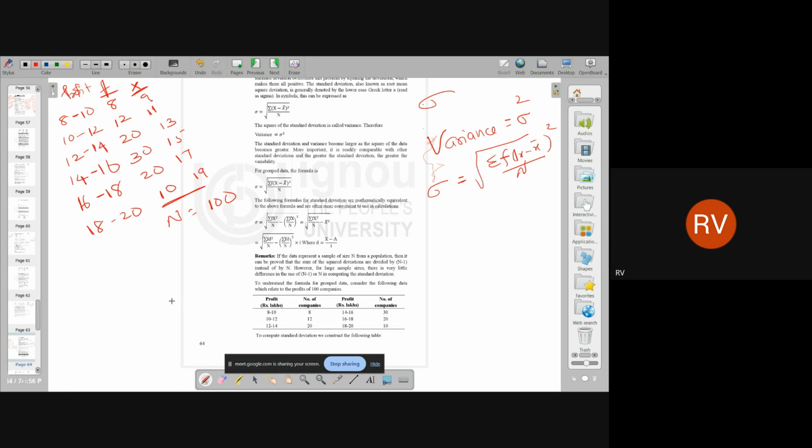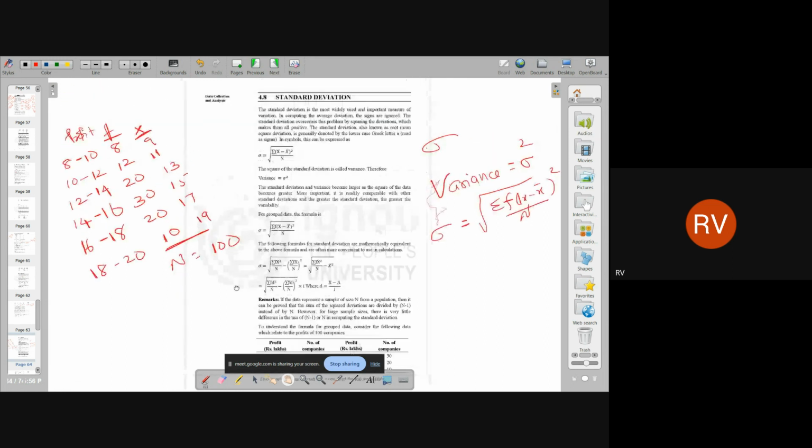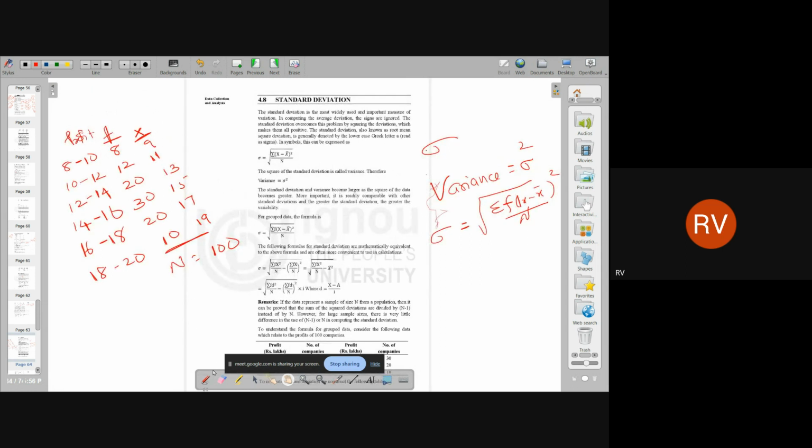Then find D. D is equal to X minus A, assumed mean, divided by I. I is equal to 2. A is equal to the X with the maximum frequency, that is F is equal to 30.